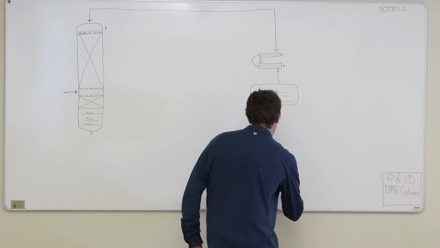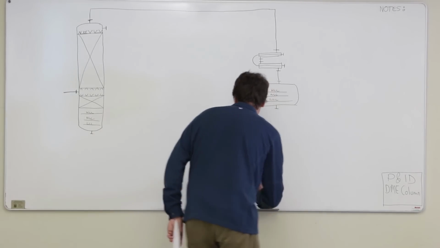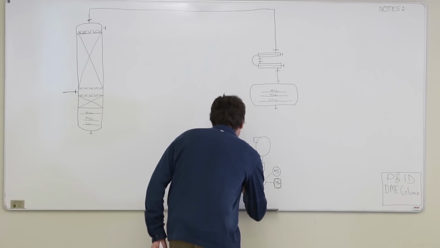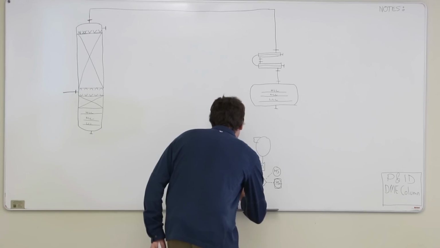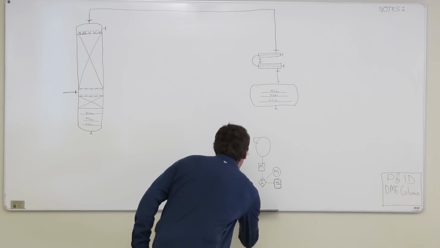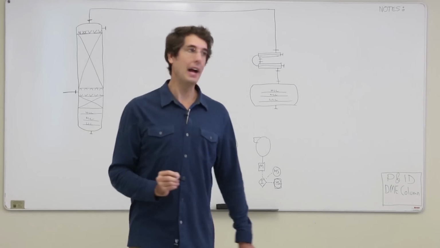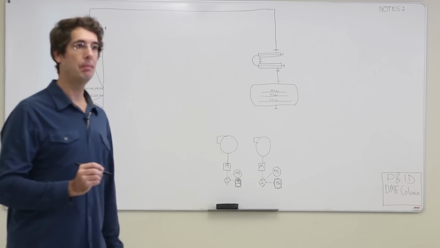We'll put a hand switch in the field, which is just an HS with a circle around it, and a hand switch in the control system, the DCS. Okay, so we've got that. There's our electric stuff.